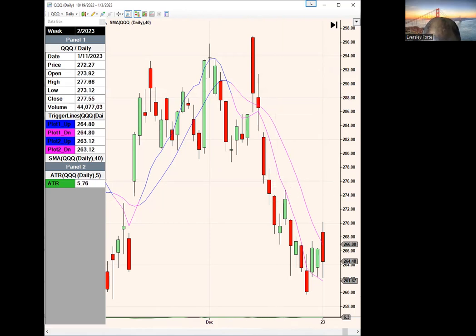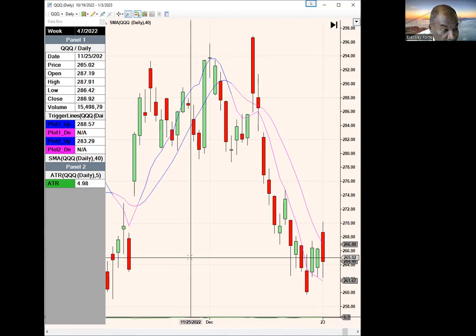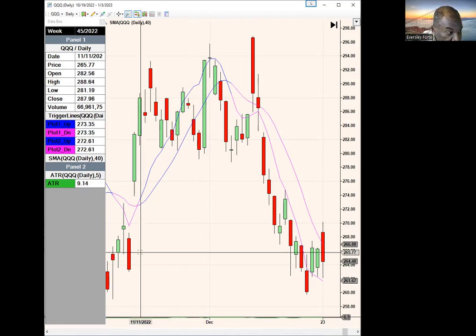Question here. What if the target wasn't hit and the trigger lines cross again? The only thing the trigger lines do is find you potential entries. The indicators have no purpose in any way, shape, or form whatsoever after finding you the opportunity. The indicators on all strategies, on all charts, are only used to find you potential trade setups.